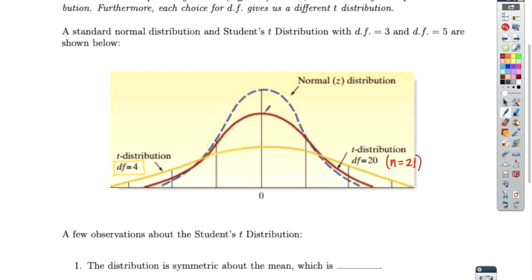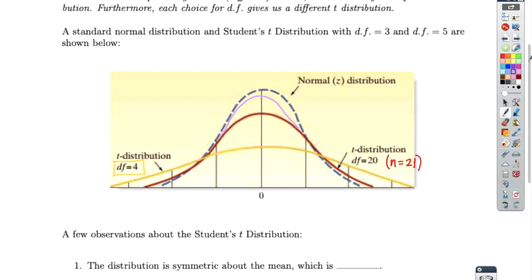You can see that this red distribution resembles the normal distribution, even though it's not quite there. It has the same shape, just the height is a little bit different. So if you keep increasing the sample size, your t distributions are going to get closer and closer to the normal distribution.